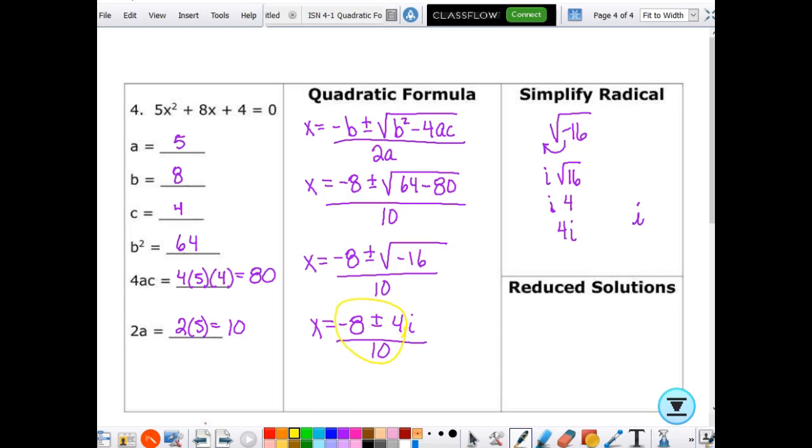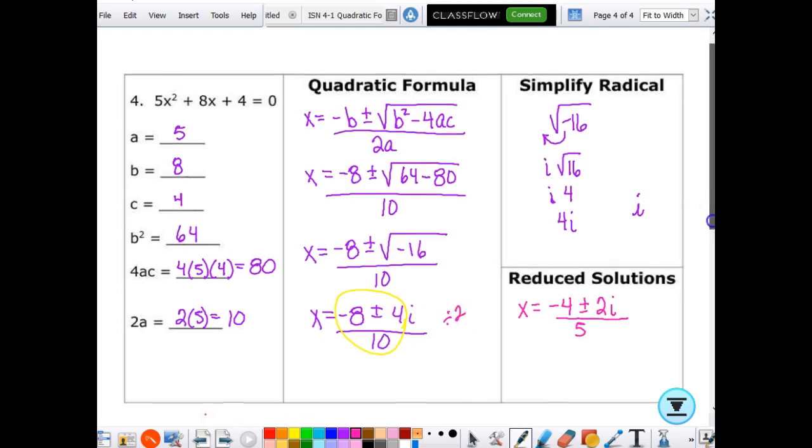They're all even numbers, so they'll all divide by 2. Negative 8 divided by 2 gives you a negative 4. 4 divided by 2 gives you a 2. And 10 divided by 2 gives you a 5. They all divided by 2. Every one of them did, okay?